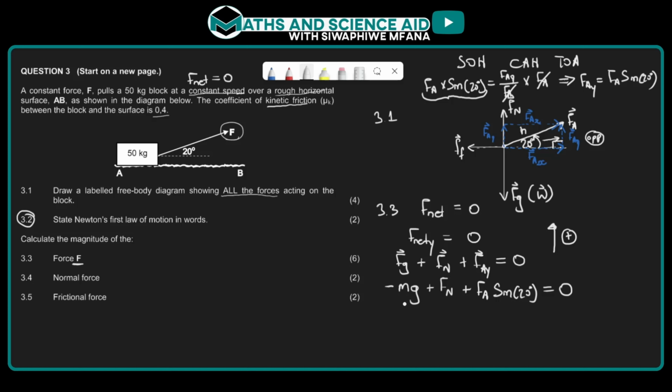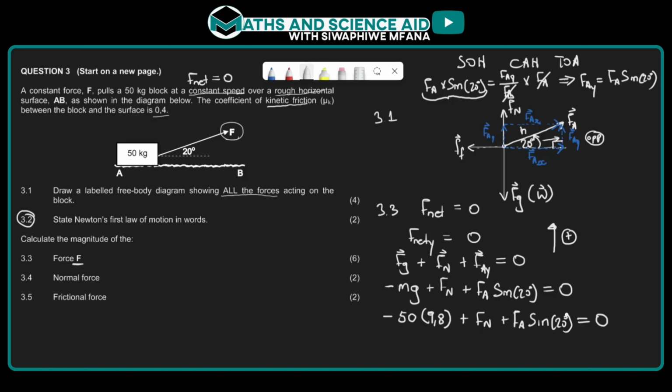So we can substitute in those numbers here. So the mass of our object is 50 kilograms. So for m, we write 50, and g is 9,8 on Earth. So we'll write 9,8. And then we'll keep what we do not know as it is, because we do not have any information at this point about the rest of these forces.